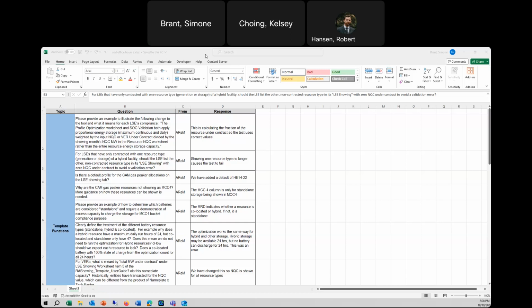So it's still using the energy storage capability megawatt hours from the resource database, and then scaling that value by the power capacity input that we're going to show for that particular month. Correct. Okay, got it. Thank you. I just wanted to wrap the concept around my head. Great.